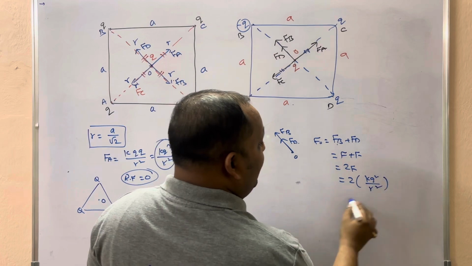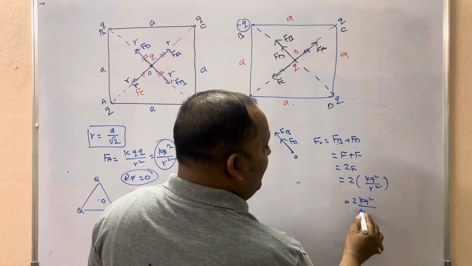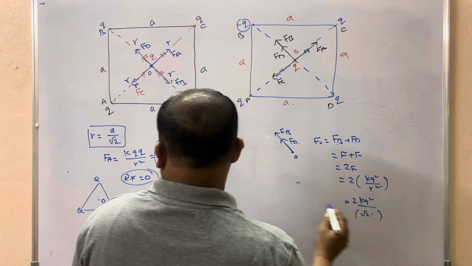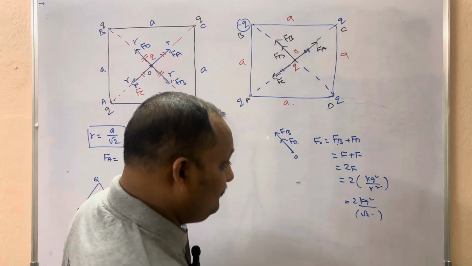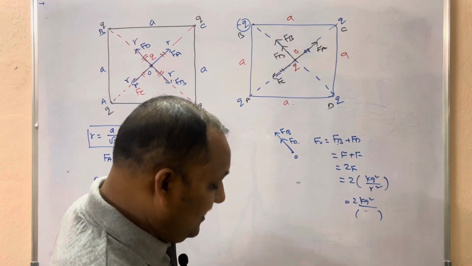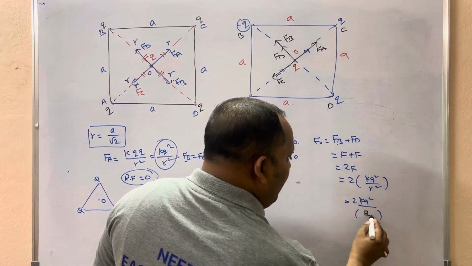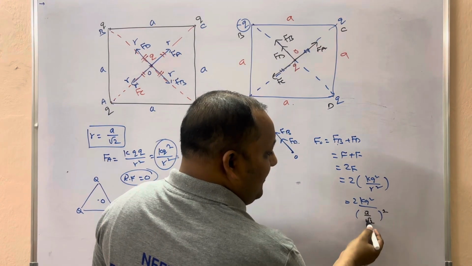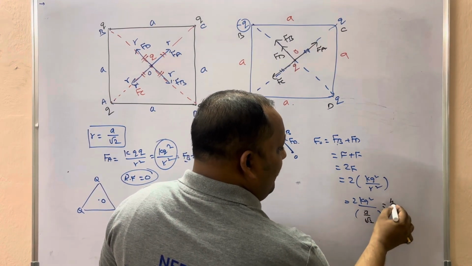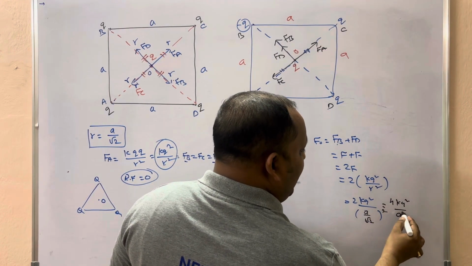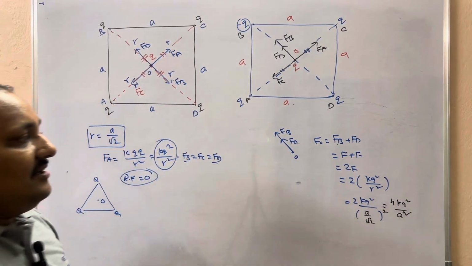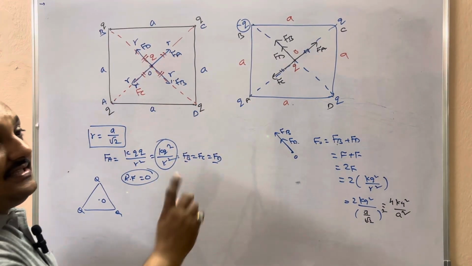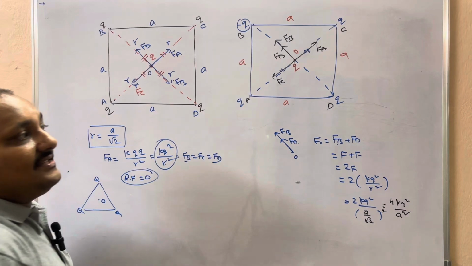What is R here? R is nothing but A by root 2, so A by root 2 whole square. A by root 2 whole square means 4KQ square by A square. Isn't it? So this is the resultant force if you change one charge to negative.